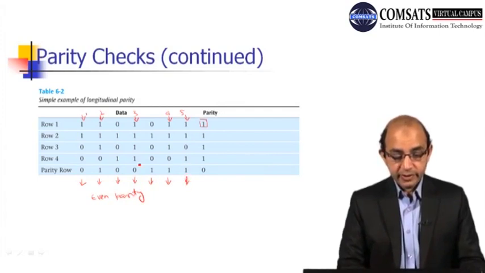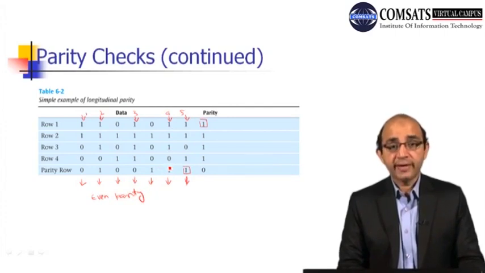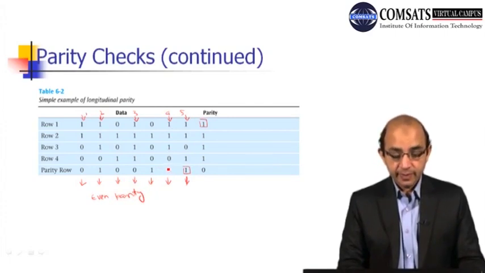right? You can see this is the parity row, not the actual data. So 1, 2, 3, and you can see we have placed a 1 here in order to make the number of ones even. So 1, 2, 3 odd, and we have placed a 1 here in order to make it even, right? Similar is the case over here, and here we have 1, 2, 3, 4.